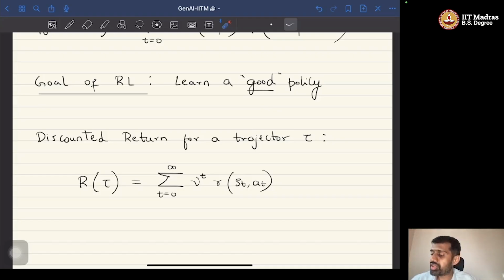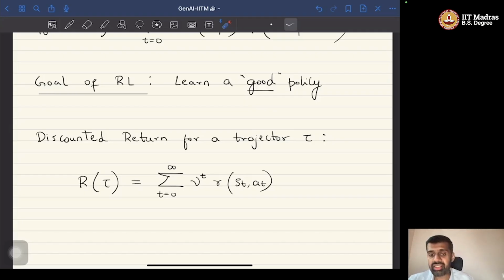Instead of simply taking the sum of reward, people typically take the discounted reward, for the reason that as we move away from the given time t, the influence that the reward has on the way the policy changes has to reduce, right?